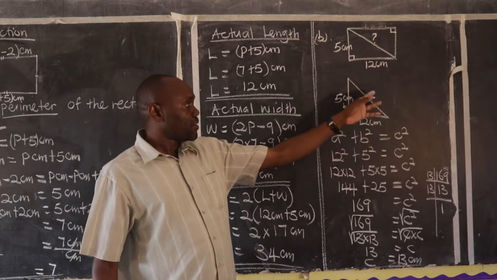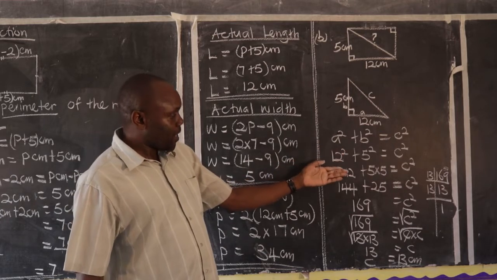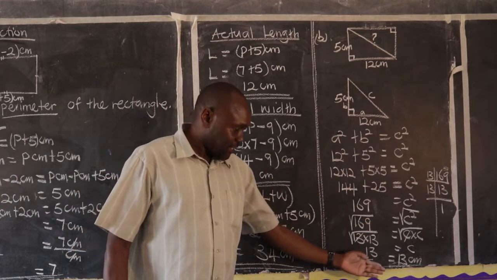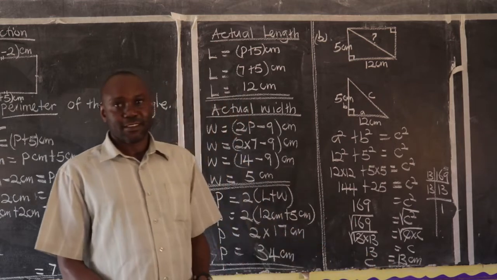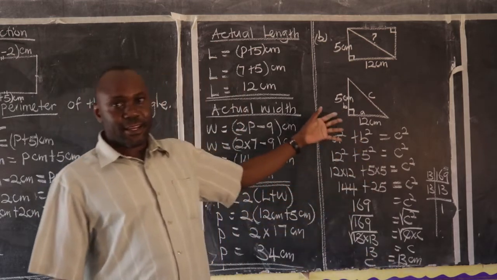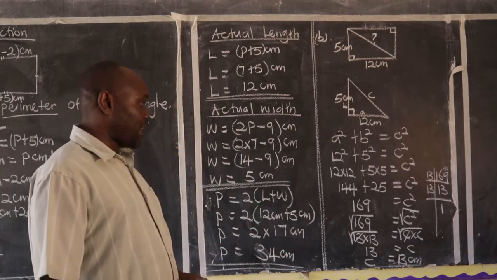This longest one is always C, that's the hypotenuse. So when we square all throughout, the answer is 13 centimeters. Therefore, we can conclude by saying the length of its diagonal is 13 centimeters.